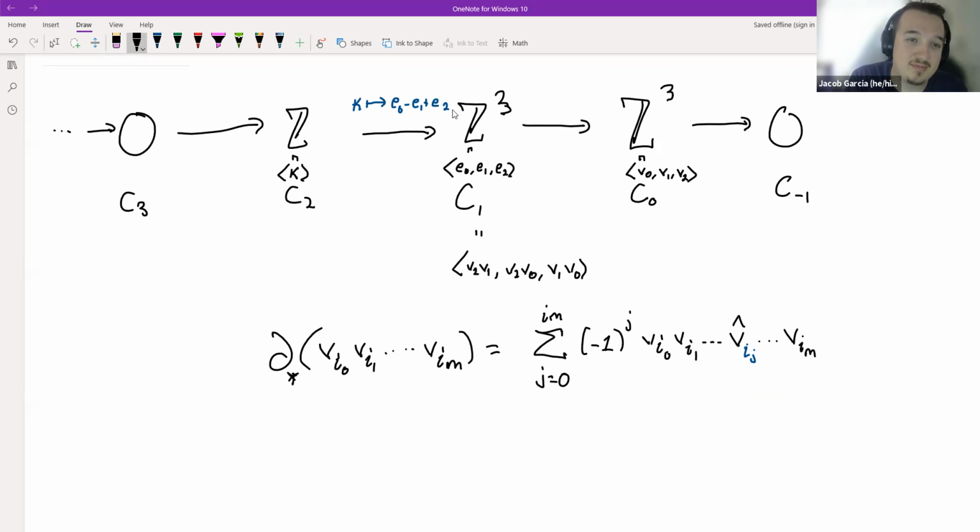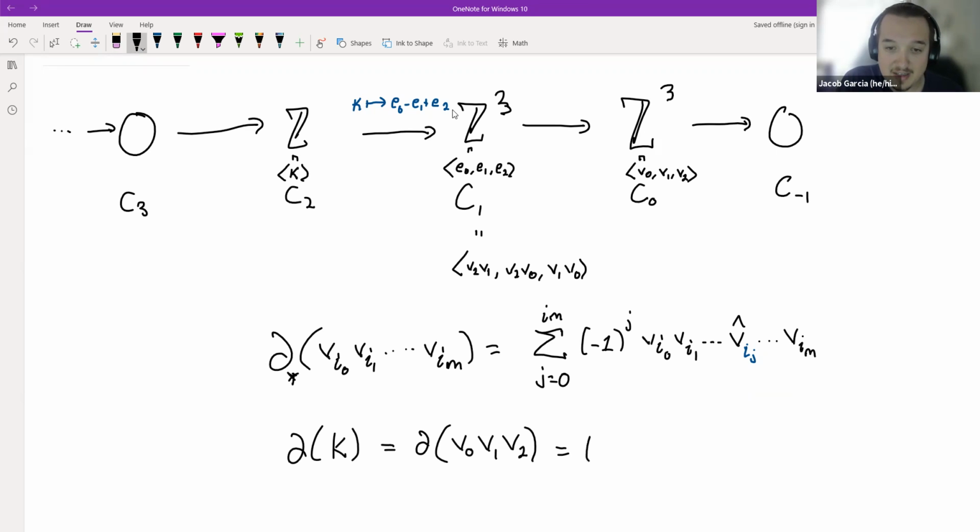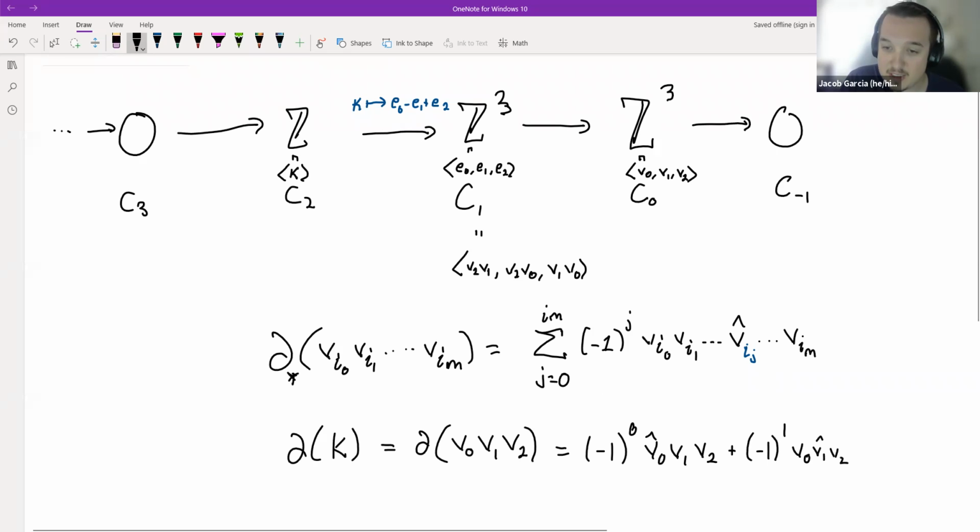So if I apply this boundary map to K, that's the boundary map applied to V0, V1, V2, because that's what K looks like if I write it as an element in terms of the vertices. Then following this formula, I get (-1) to the 0, where I remove V0. I'll write that explicitly because it's the first time that I've written it. Then I'm going to add (-1) to the 1, where I remove the V1 term, not to hijack Anthony's wonderful explanation.